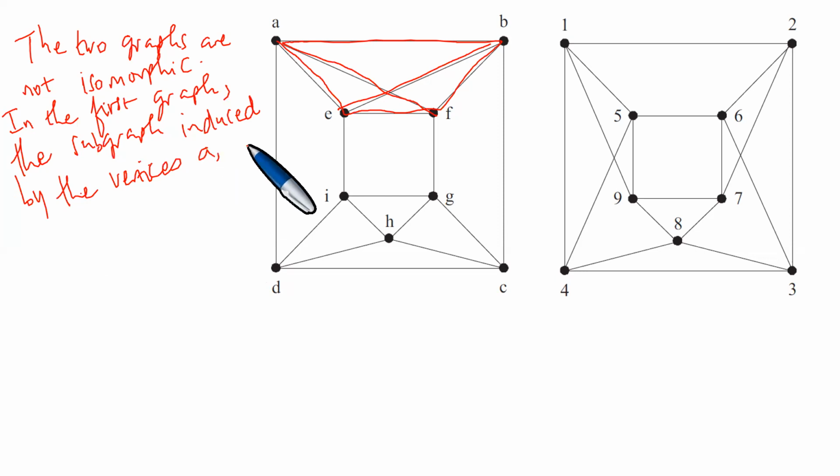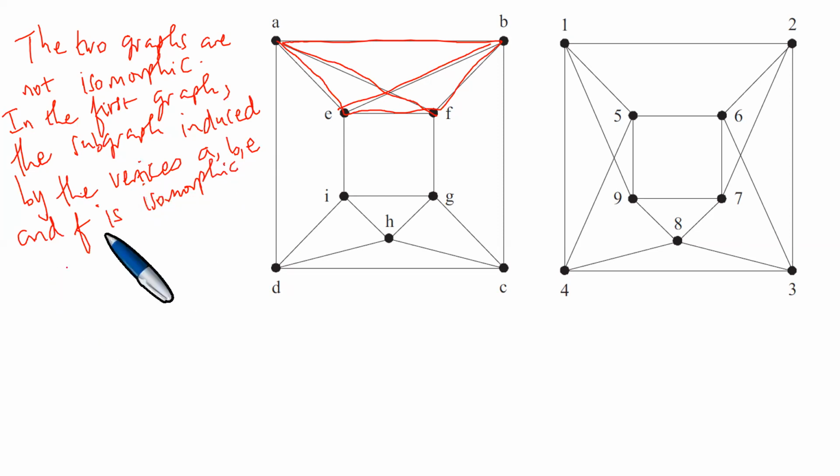A, B, E, and F. That subgraph I've demonstrated in red is isomorphic to a K4.